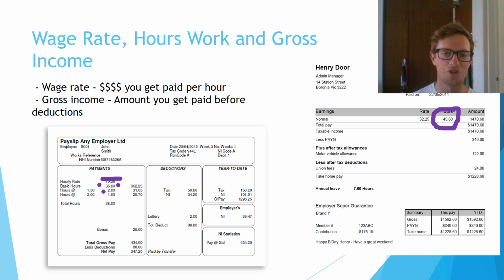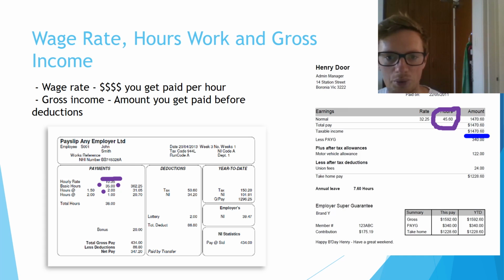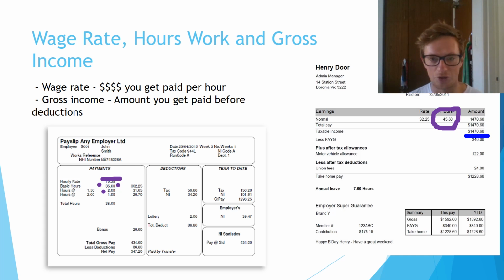Your gross income is the amount you get paid before the deductions come out. So if we look over here, the amount that Henry gets is $1,470.60. Okay, so that's what we would call his gross income.